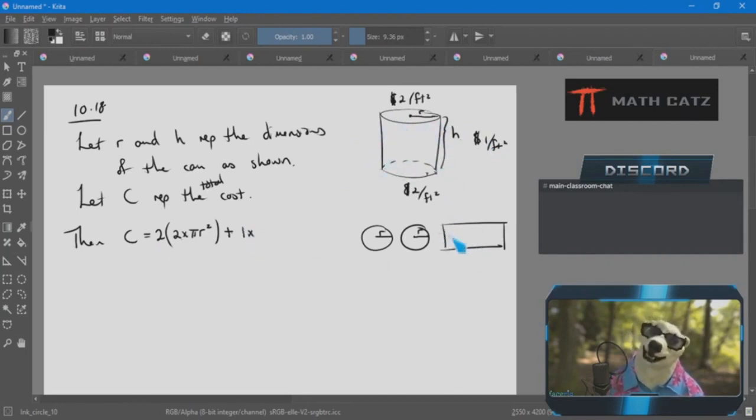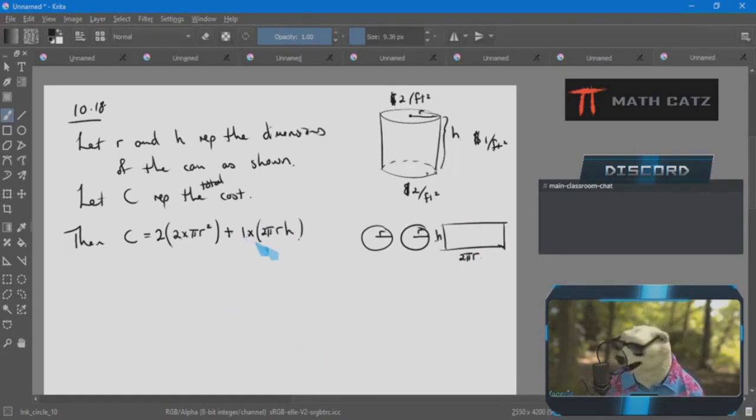When I cut it and lay it out, it's a height h, and the length of the other side of the rectangle is going to be the circumference of the circle, which is 2 pi r. So the area is 2 pi r h, because it's length times width for a rectangle, right?